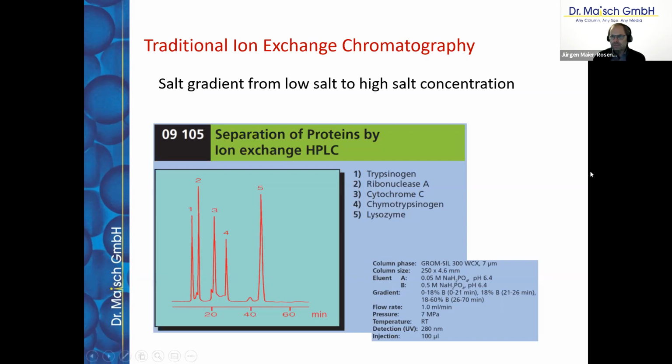It's a weak cation exchanger, and typically the elution on an ion exchange media is performed by starting at a low buffer concentration at a middle pH, here 6.4, with a 0.05 molar phosphate buffer, and then on B we have the high concentration, 10 times more, 0.5 molar phosphate buffer.